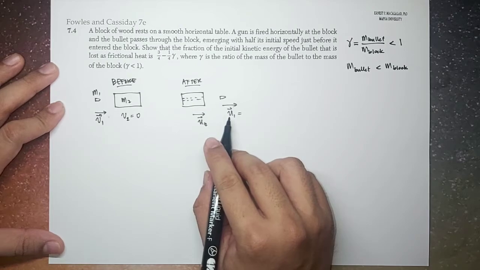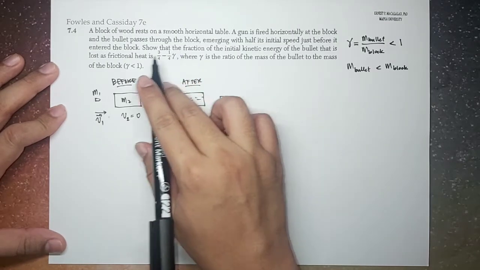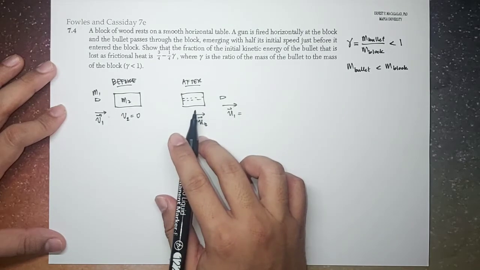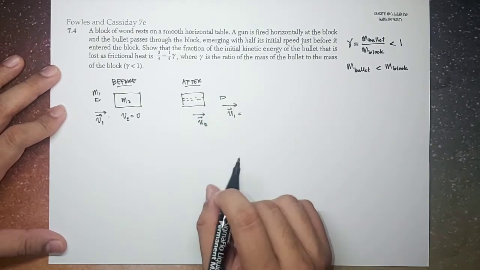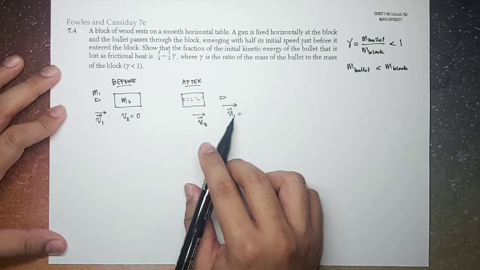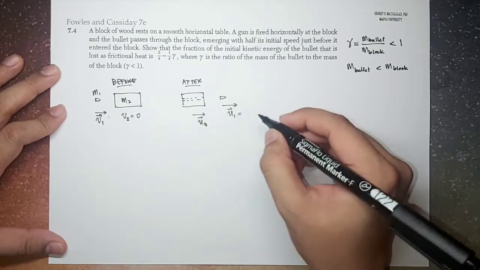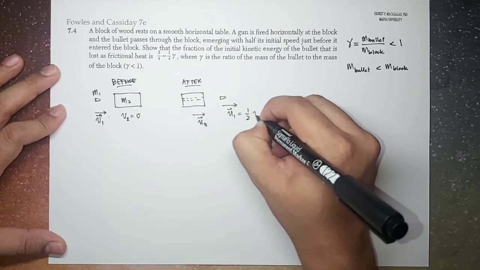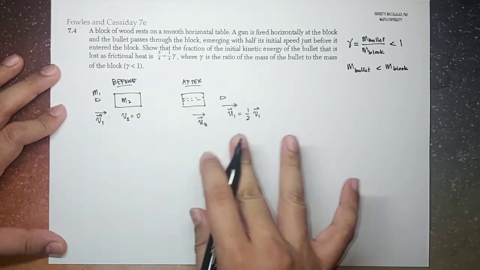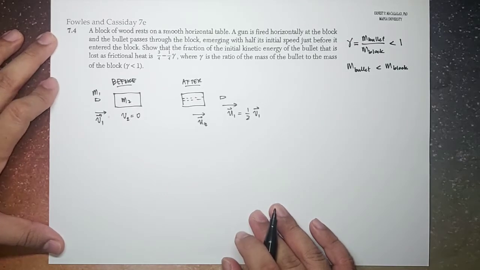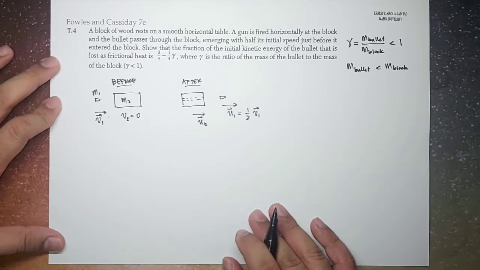That's the speed of the bullet as it emerged from the block, and the speed is just half of the initial speed. So this would be 1/2 v1. These are some of the clues that we can use during our calculations.